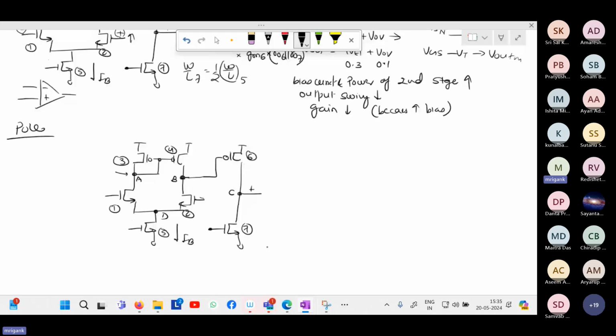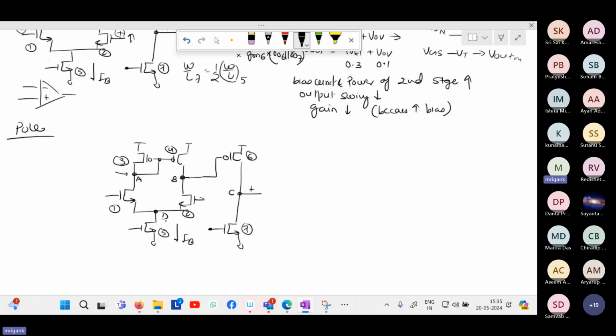For common mode gain at high frequency, you remember what happens? Common mode gain starts increasing at higher frequency. Why does it increase? For common mode gain, why does it increase at higher frequency? Yes, anybody?